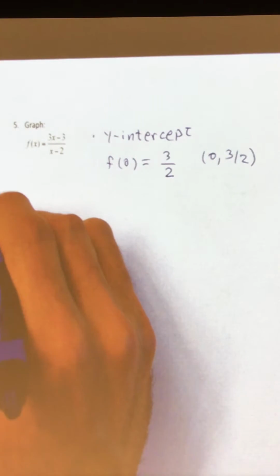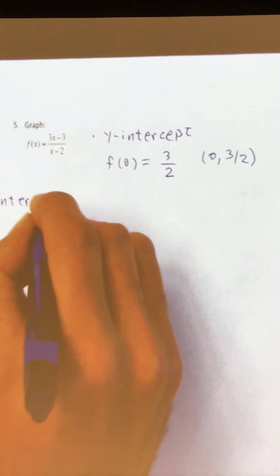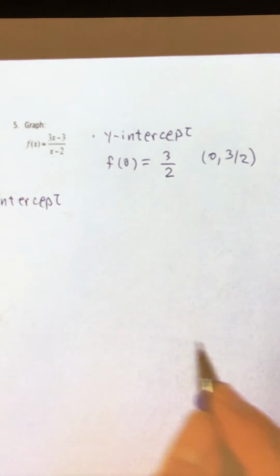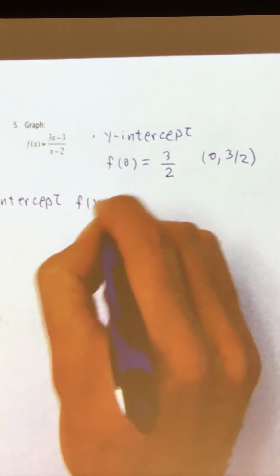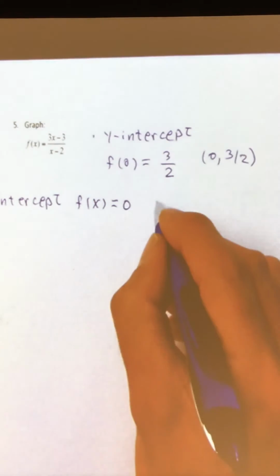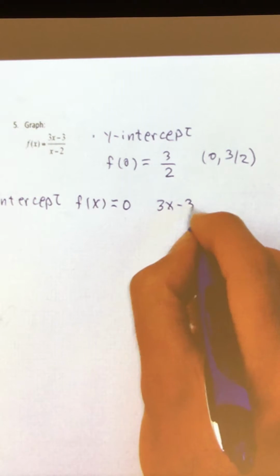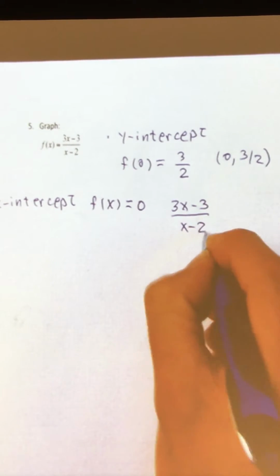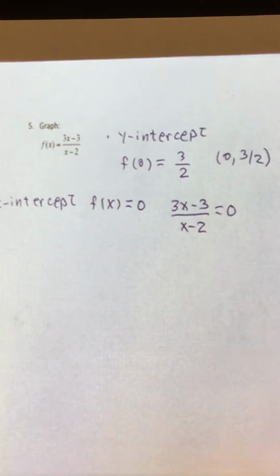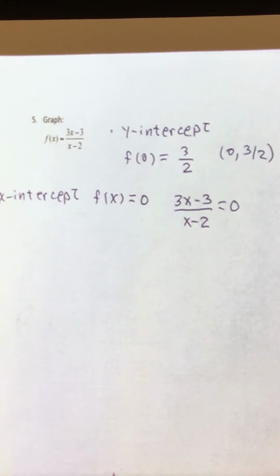Next, we'll find the x-intercept. And that will occur when the function is equal to 0. So taking the function (3x - 3)/(x - 2) and setting it equal to 0, we have to solve that for x.